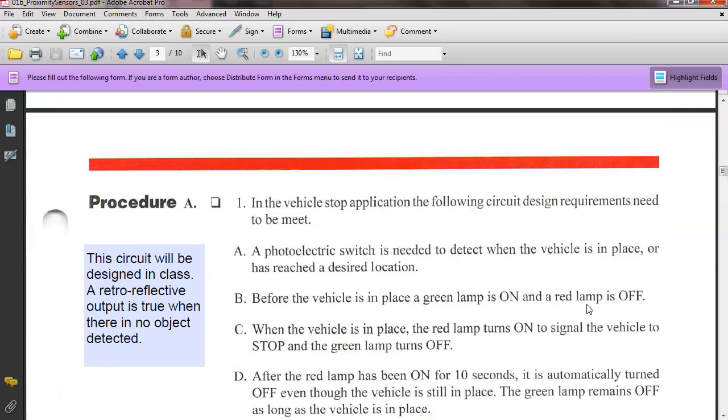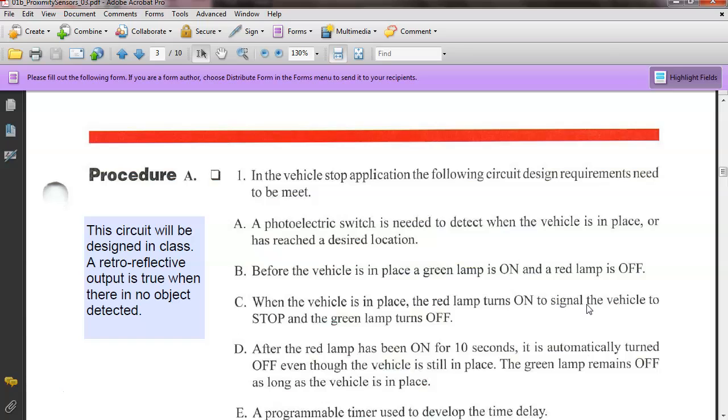It says the photoelectric switch used to detect the vehicle is in place and has reached the desired location. So we're going to use our retroreflective sensor, which is true. The output is true when the car is not present, right? We're not talking about the lights here, I'm talking about the sensor.